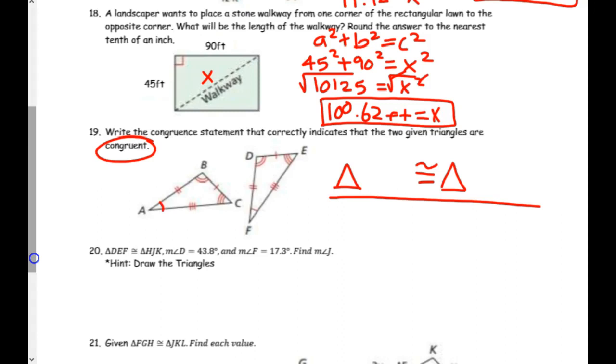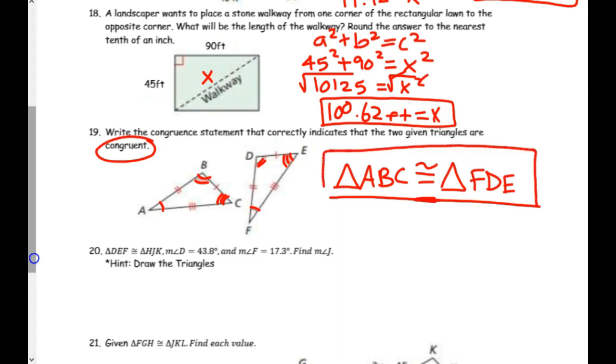So 1 arc is A, 2 arc is B, 3 arc is C. So triangle ABC is congruent, that's what this means, to triangle, and then 1 arc, 2 arc, 3 arc, FDE. Do you see how that's tricky? Because they didn't put it in alphabetical order. It's not always going to be in alphabetical order, okay?